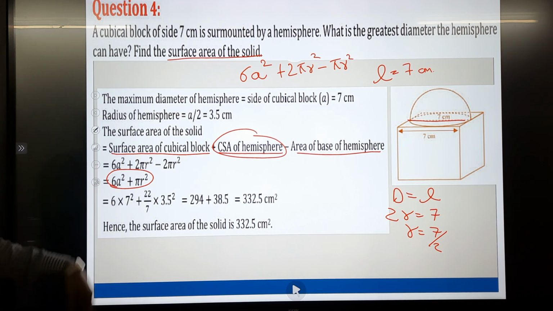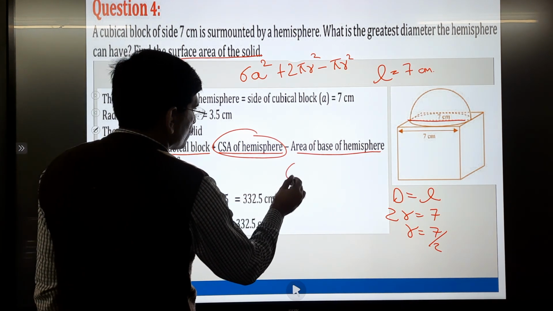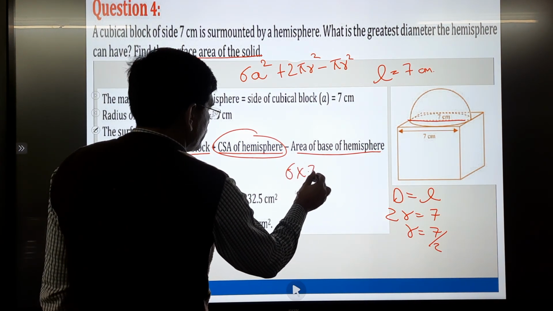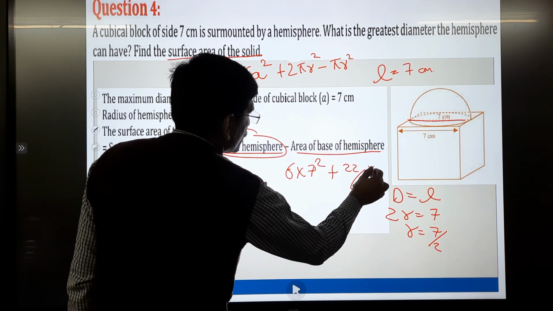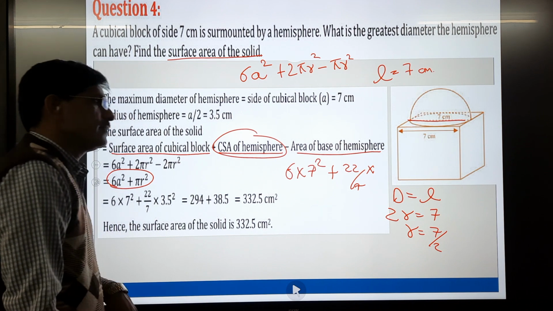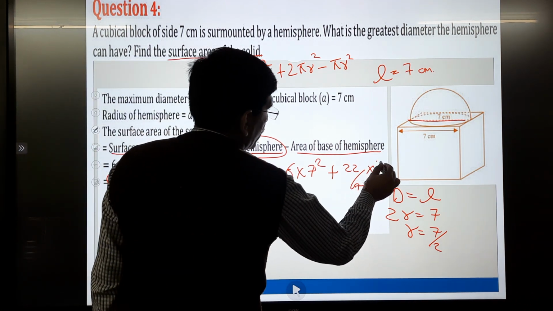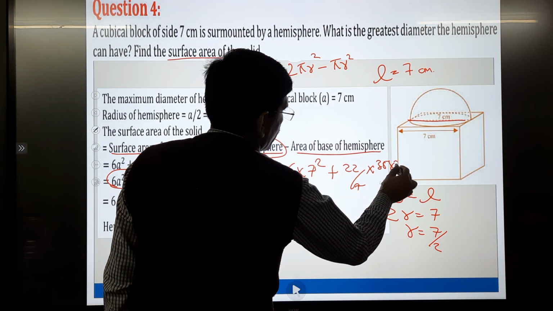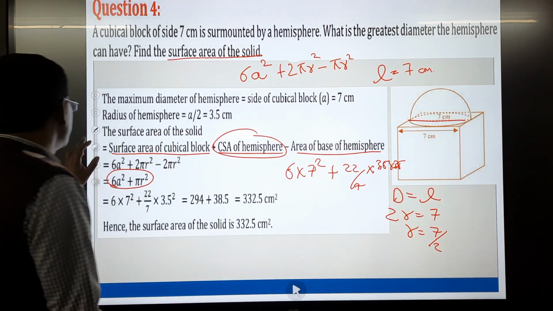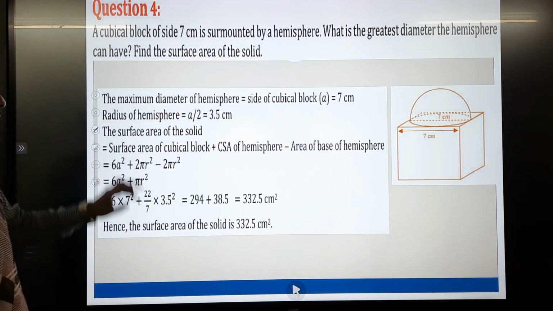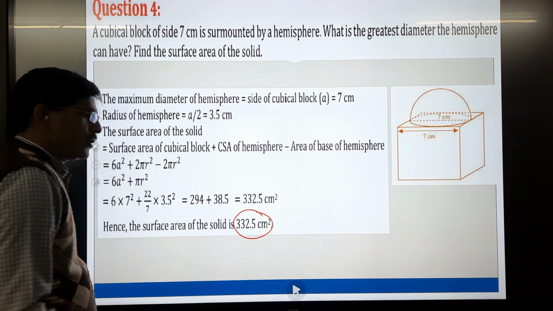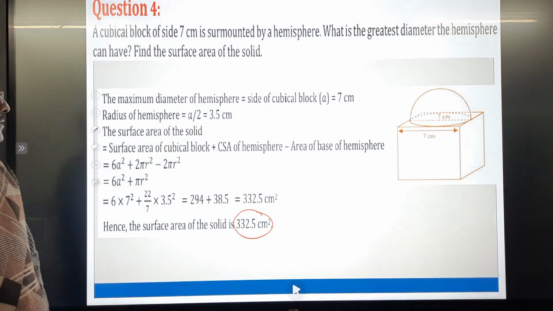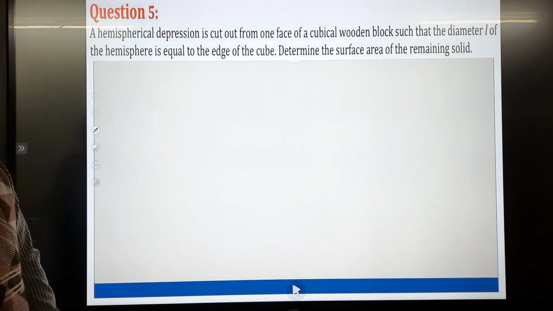If you put in the values, 6 into 7 square plus 22 by 7 into 3.5 into 3.5, and make the cancellation, you will get the answer. So the answer is 332.5 centimeter square.